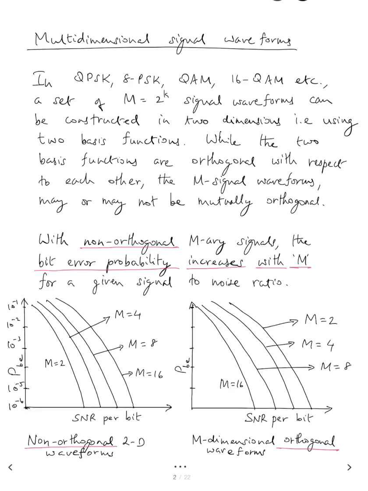On the contrary, if you look at the second part of this diagram here, where we have the curves relating the bit error probability with the signal to noise ratio, in this case the m waveforms or signals that have been used are orthogonal to each other.